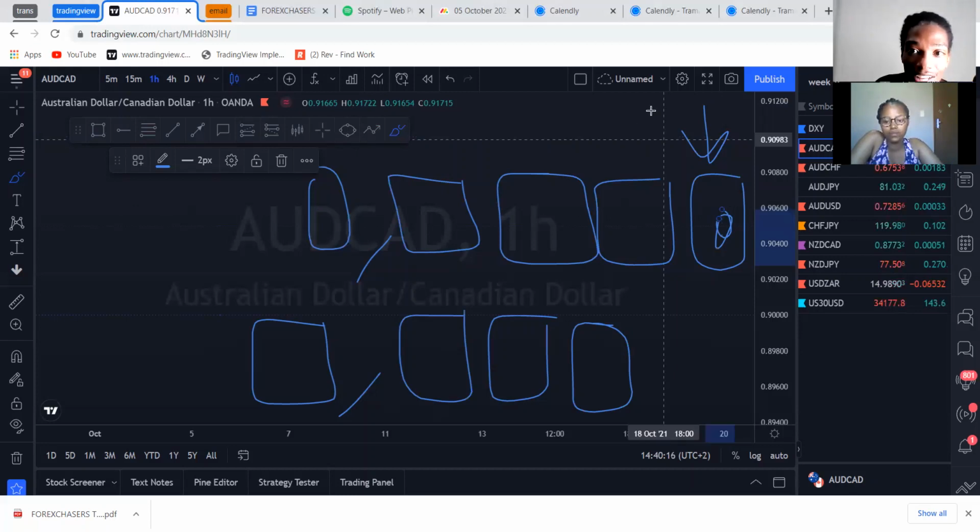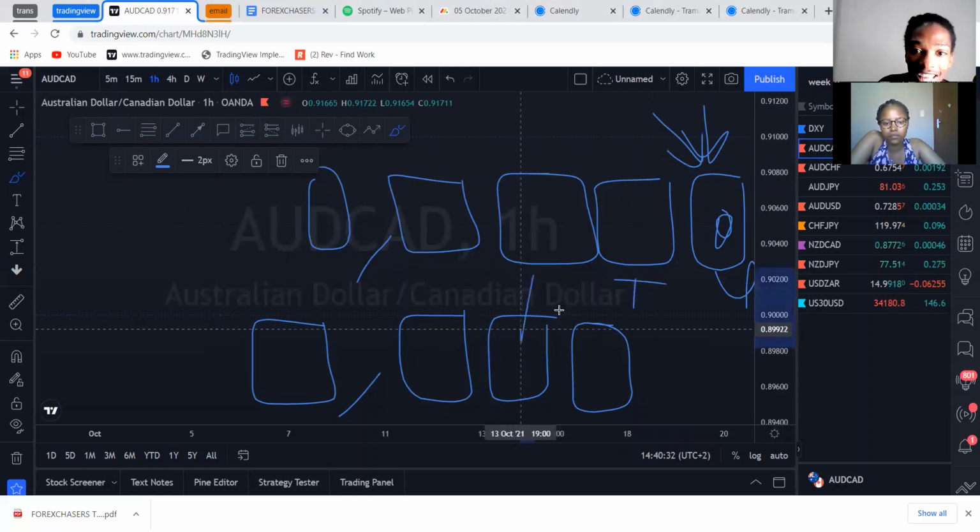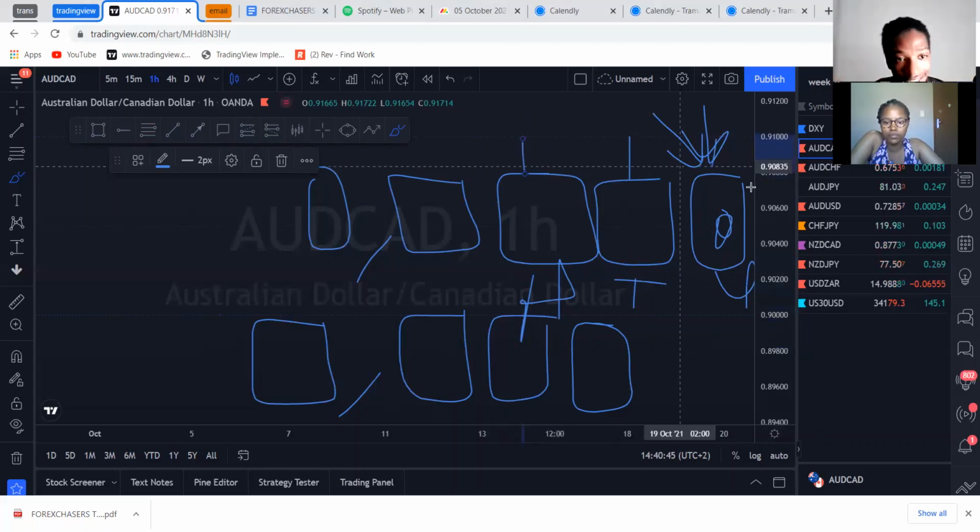So my pip values start here for currencies that have 4 digits. Any currency without JPY has 4 digits after the decimal point. Your pip value is your units here, tens here, hundreds here, and thousands at the end. If the market moves 1 pip, you'd add that 1 here. If it moves 10 pips, your tens are here, units here. If it moves 100 pips, hundreds, tens, units, and then 1,000 pips.